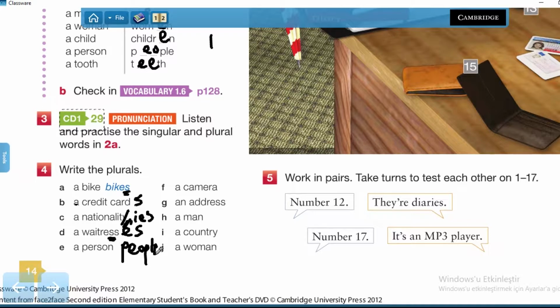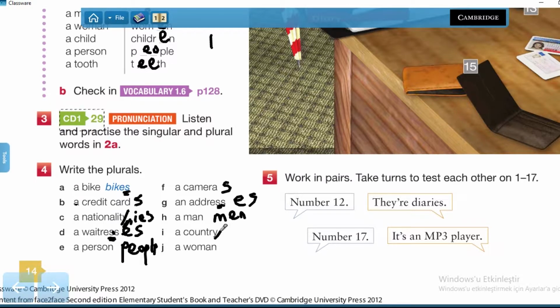F. A camera. We only add S. G. An address. As you see, waitress, waitresses. Address, ending with double S, we add ES. An address, addresses. A man. Irregular form, so we say men. A country.